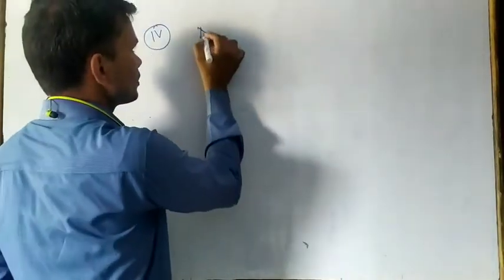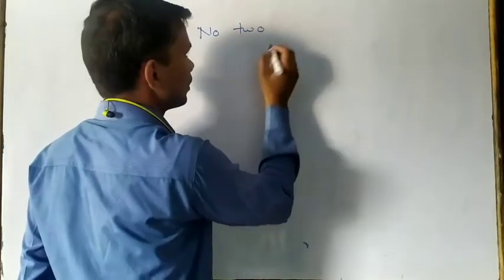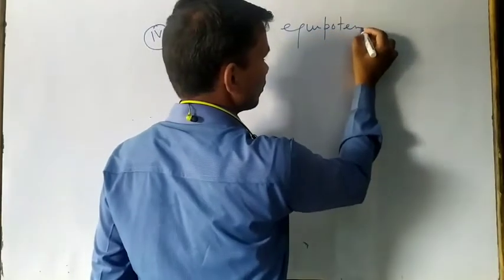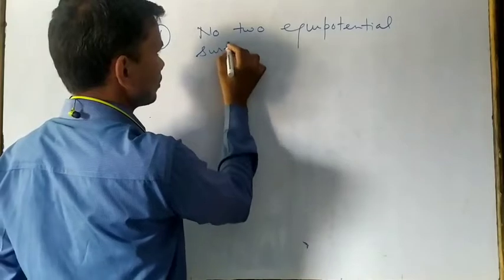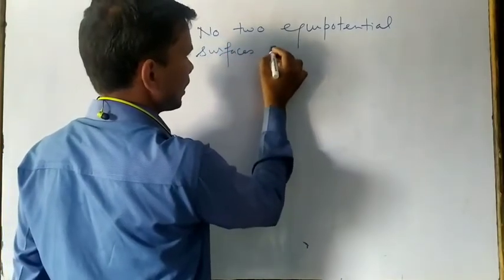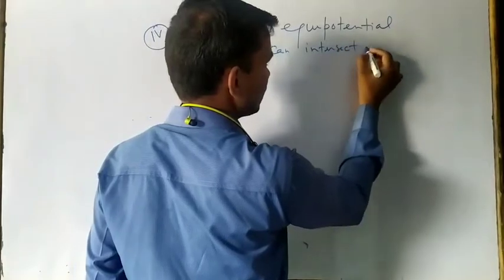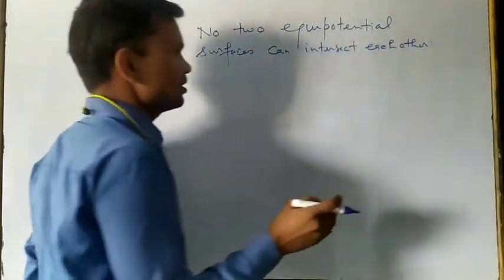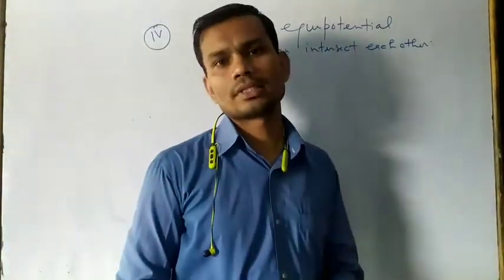Means no two equipotential surfaces can intersect each other. This is the next property. Two equipotential surfaces never intersect each other.